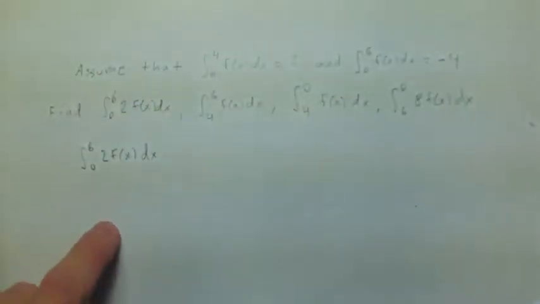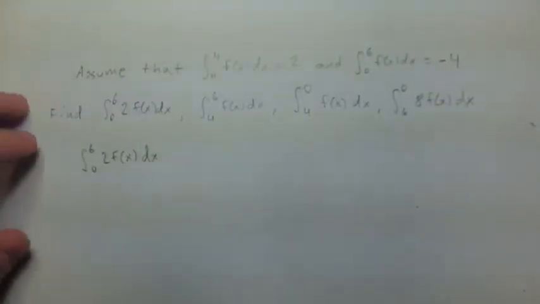Basically what this example is going to show is that you can move constants outside like you do with derivatives. We have the same integral rule. I believe we talked about that in the antiderivative section. The same rule holds here.